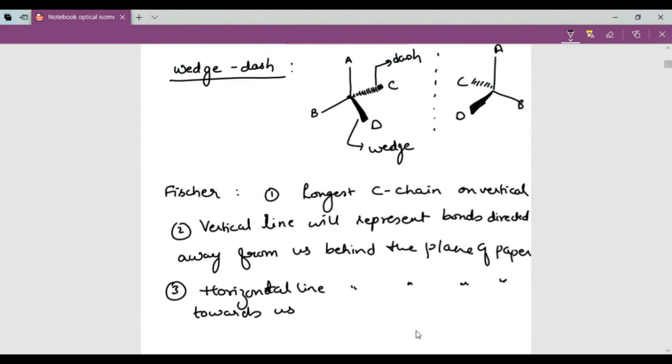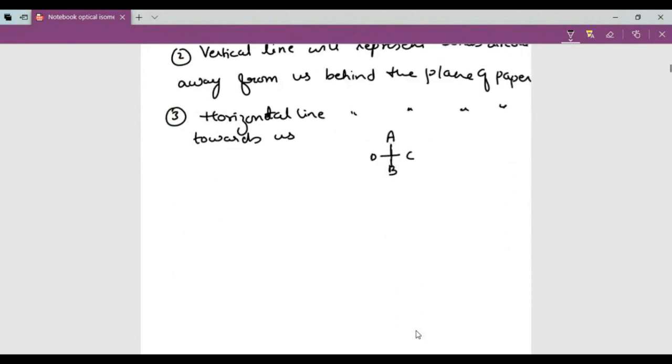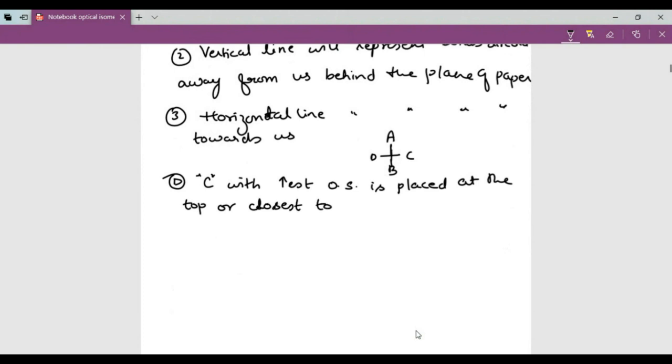So if a viewer is set here and he's observing this, then the Fischer of this first representation will be A, B, C, and D. Fourth point, the carbon with the highest oxidation state is placed at the top or closest to the top.